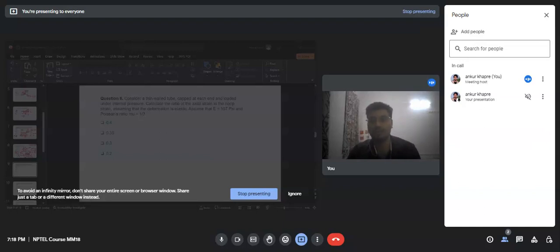Write an expression for d(C/A) upon dP in terms of the elastic constants and C by A. Assume that sigma 1 is equal to sigma 2 is equal to sigma 3 is equal to minus P. So for this question, we have to write down the expression of d(C/A) upon dP. For that, first we'll write down the expression.